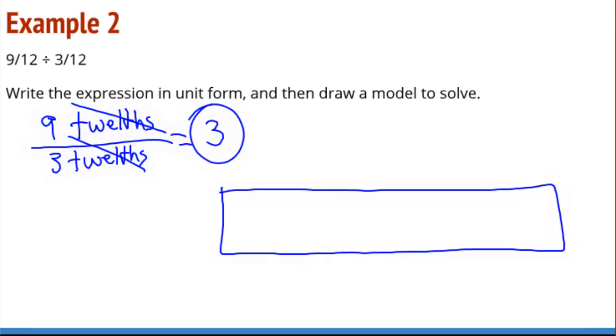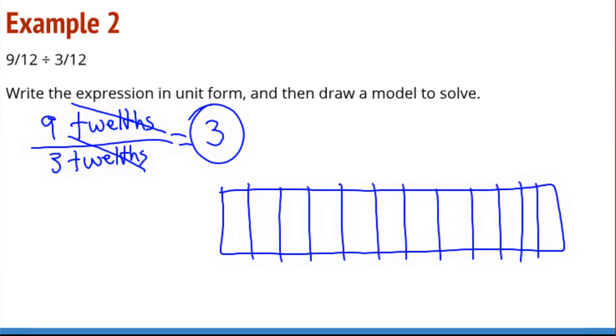so I need some 12ths here. 1, 2, 3, 4, 5, 6, 7, 8, 9, 10, 11. I know my pieces are never quite the same size, but it's a fraction, so we have to know that they're the same size. All right, so this is 1 whole, or 12/12. And it says we're going to take 9 of those. 1, 2, 3, 4, 5, 6, 7, 8, 9.